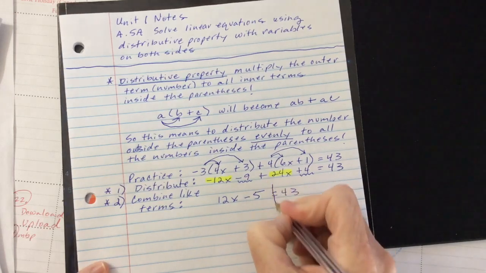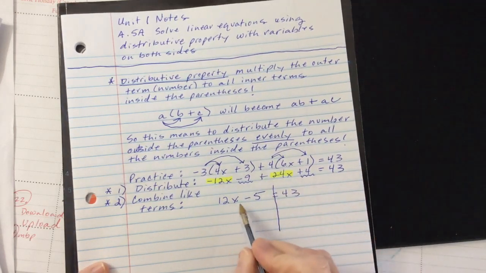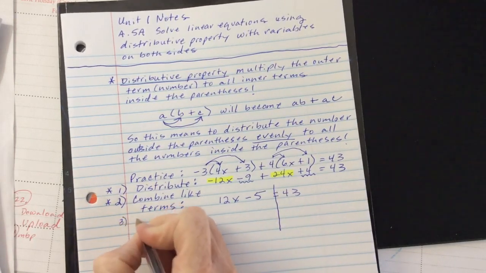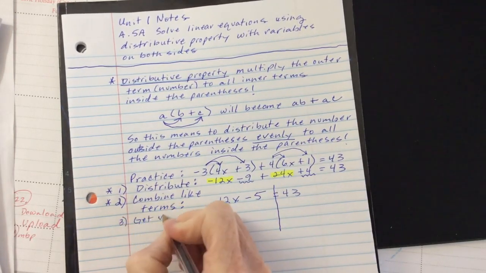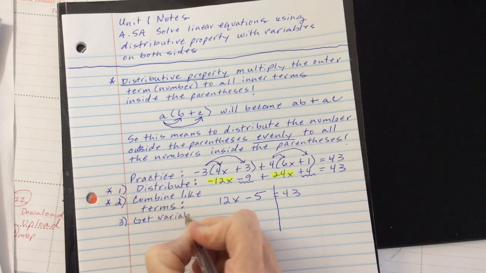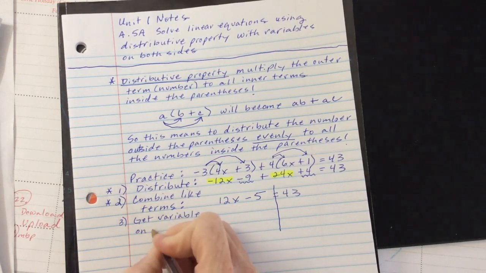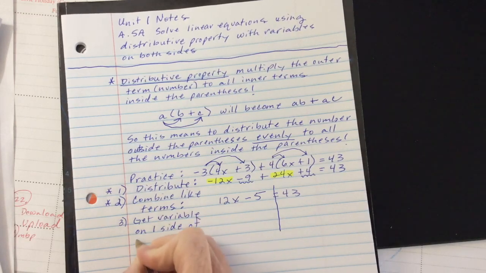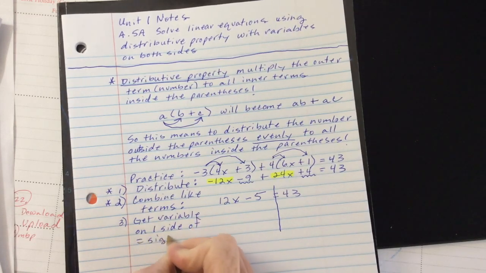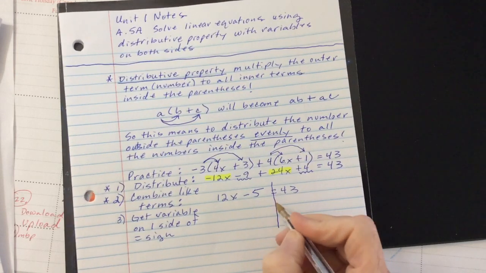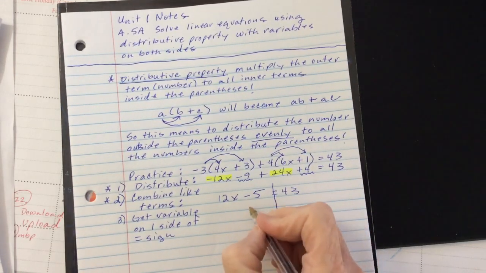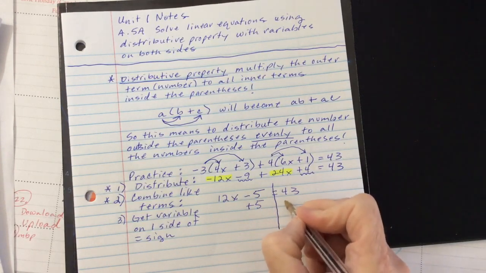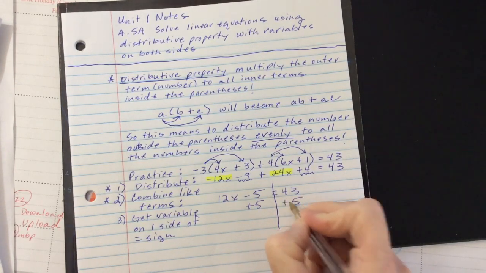Now, draw a line here, and we need to get the x on one side of the equal sign. So to do that, I'm going to add 5. If we add 5 on that side, we're going to add 5 on this side.